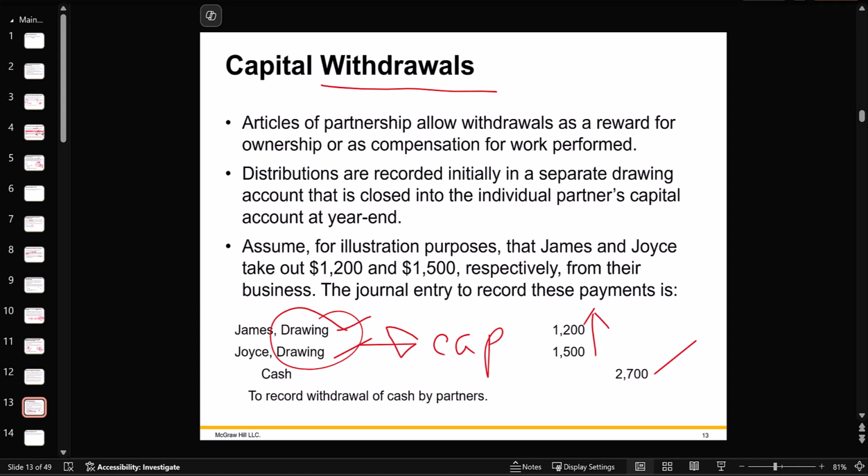Now, you have to make sure that you're keeping enough working capital in your business so you can continue to operate. But if one partner needs more money, that may be putting financial pressure on the partnership. So you've got to be really careful with whom you become a partner with. If your partner has a bad day, you're going to have a bad day too.